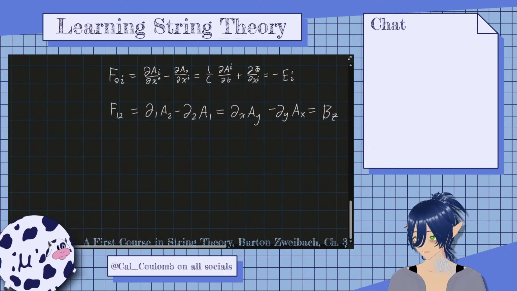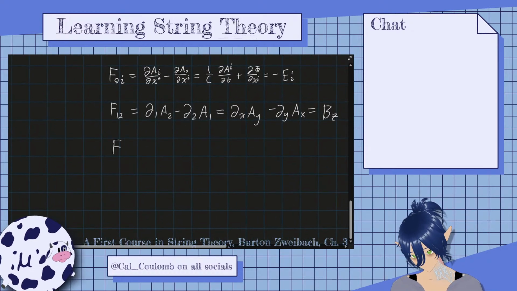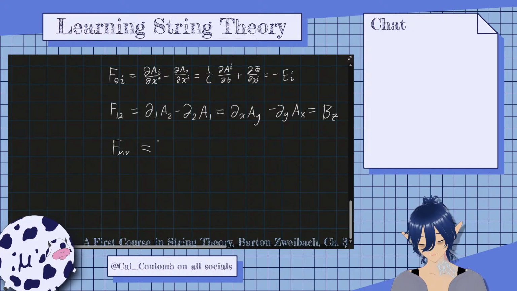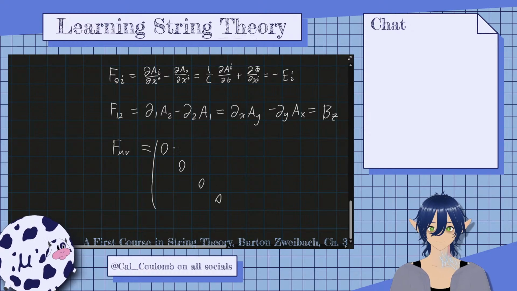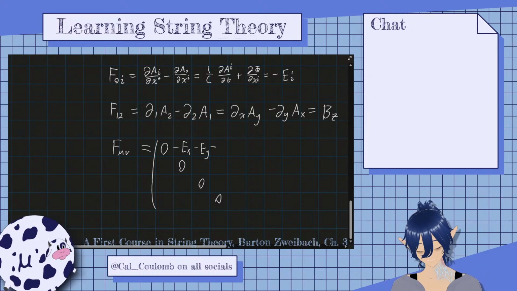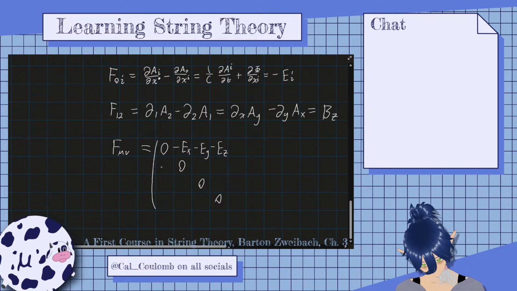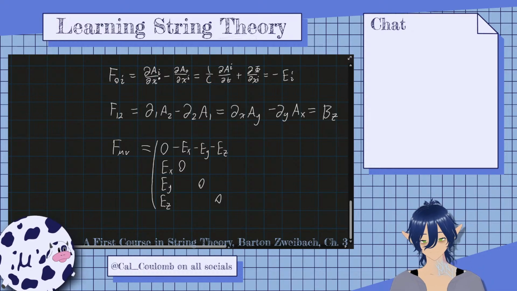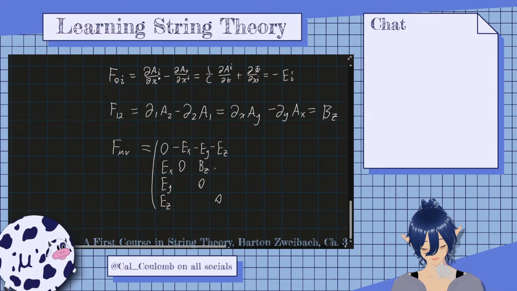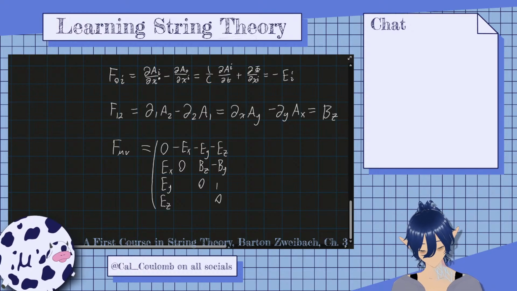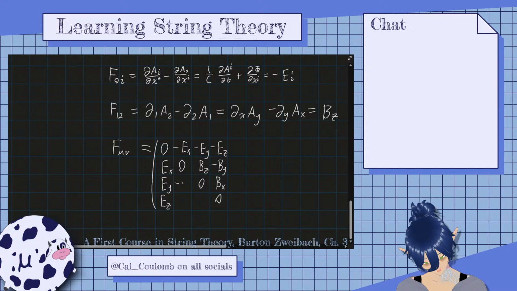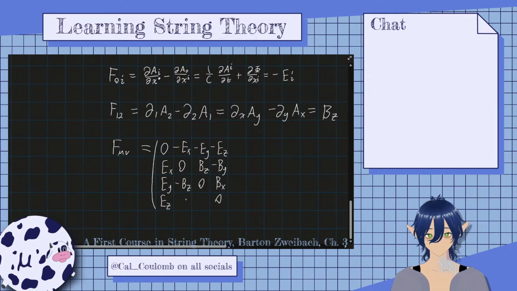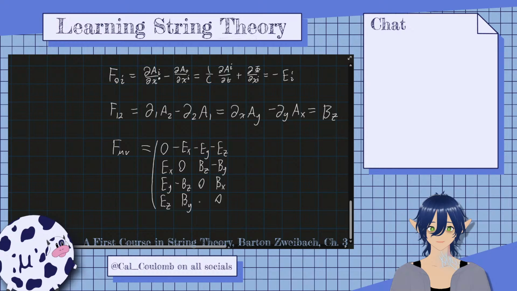And if we keep doing all of that, what we end up getting is that F mu nu can be written as a matrix where we have 0 on the diagonals, and we have minus Ex, minus Ey, and minus Ez on these components, Ex, Ey, and Ez on these ones, Bz here, minus By here, Bx here, minus Bz, By, and then lastly, minus Bx.